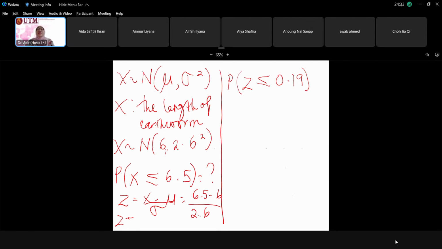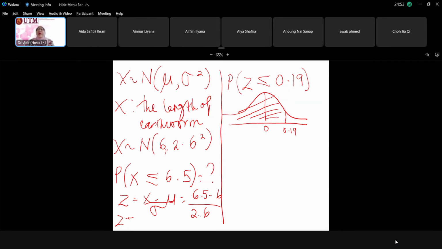The next one is to draw the location in the curve, right? So we need to draw it. This one is 0.19, on the positive side, and less than means all this area.